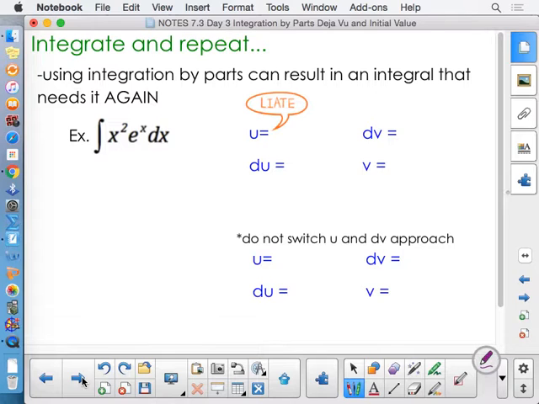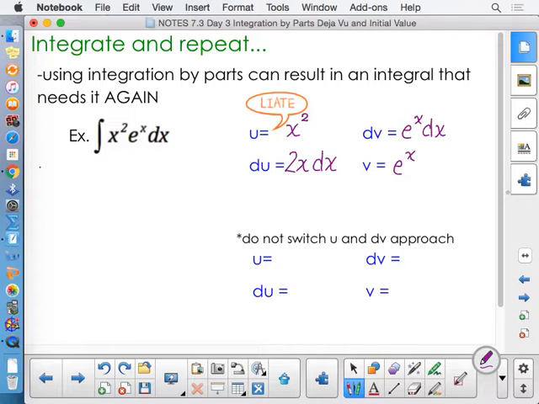So to show you what I mean, we've got the example of the integral of x squared e to the x dx. As we go through and pick to do this by parts, we would pick by LIATE to pick which one we're going to use for u, and algebraic comes before exponential, so we pick x squared, so our du would be 2x dx. The rest of it then, our e to the x dx would be our dv, leaving our v at e to the x.